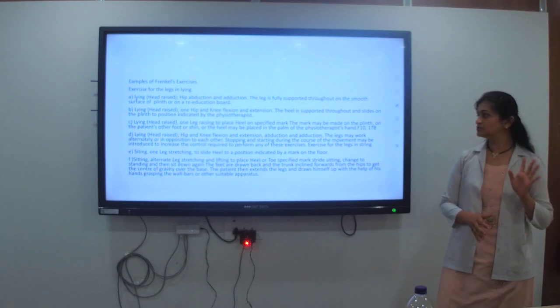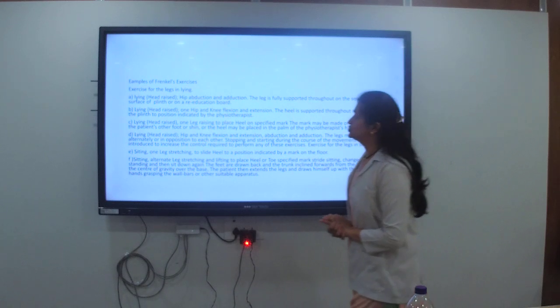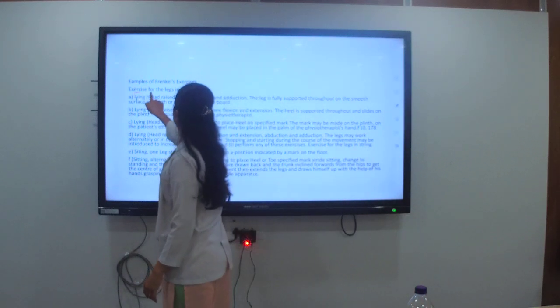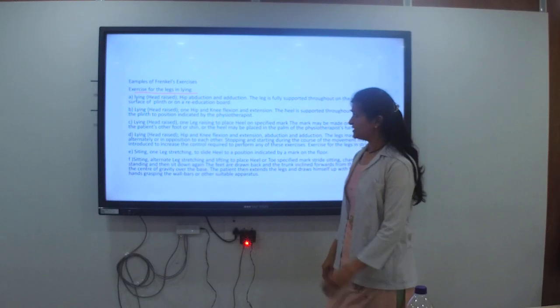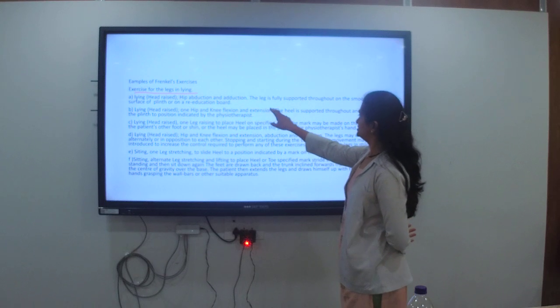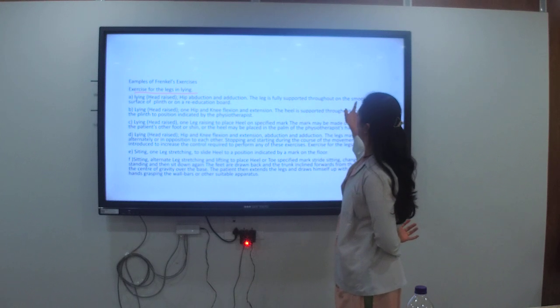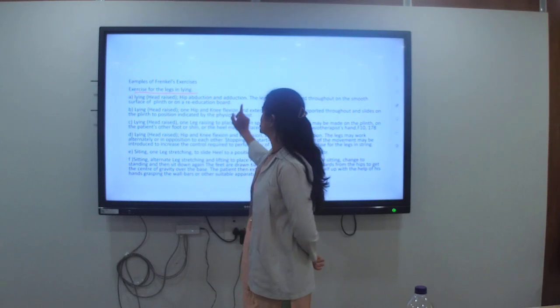Now we are going to start with the Frenkel's exercises and how you are going to perform them. First is the exercises for the legs in line. In this, we have head raised, hip abduction and adduction. The leg is fully supported throughout on the smooth surface of the plinth or on the re-education board.